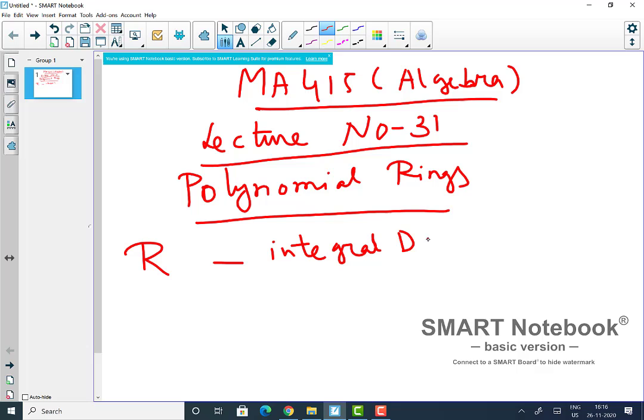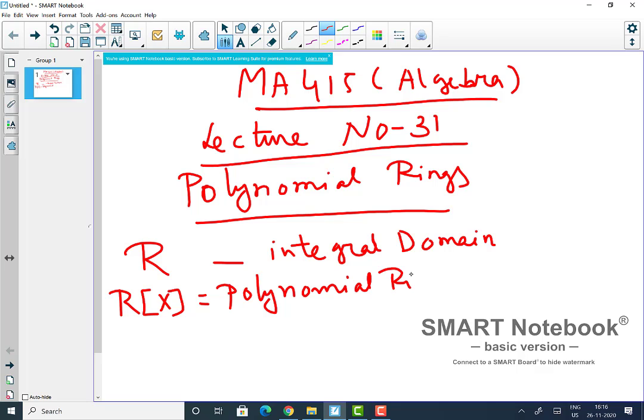This is the minimum thing which I require, and then this is my polynomial ring over R. So what does that mean?